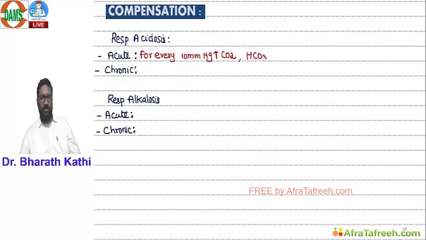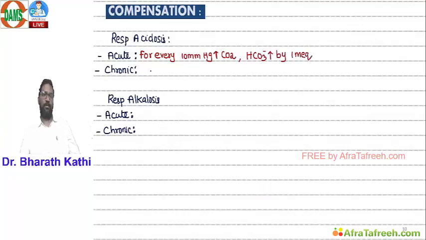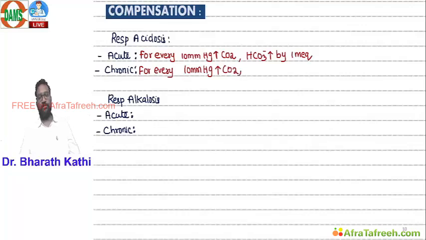Bicarbonate increases by how much? 1 milliequivalent. Chronic, for every 10 mm Hg increase in CO2, this is a chronic disorder. Your body has adjusted. Bicarbonate increases by 4 milliequivalents.